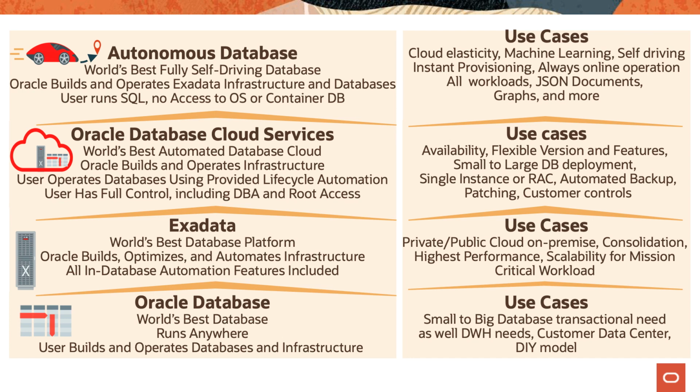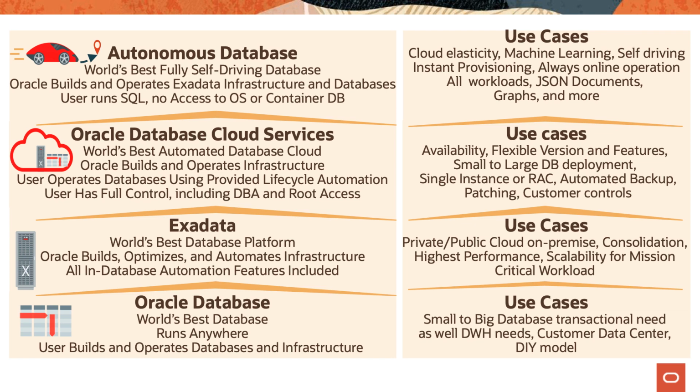When it comes to Oracle Database Cloud Services, this is the world's best automated database cloud infrastructure. Oracle builds and operates the infrastructure. The user, however, operates databases using provided lifecycle automation. The user will have full control, including database administration and root access.